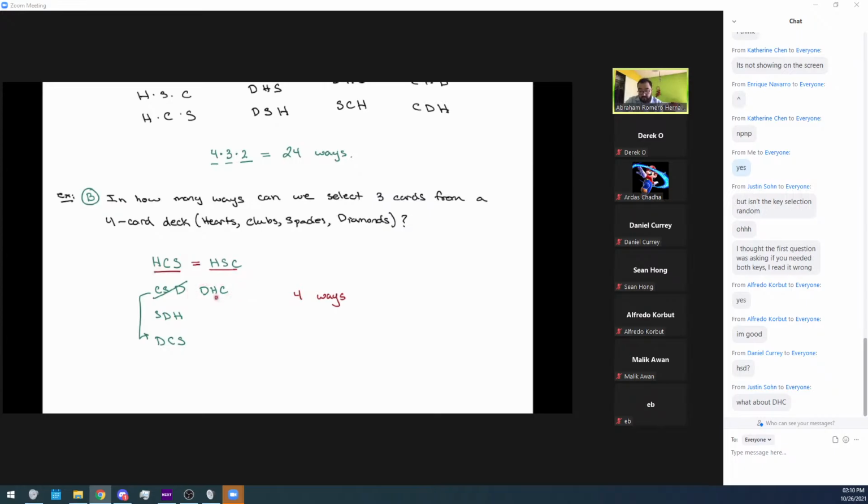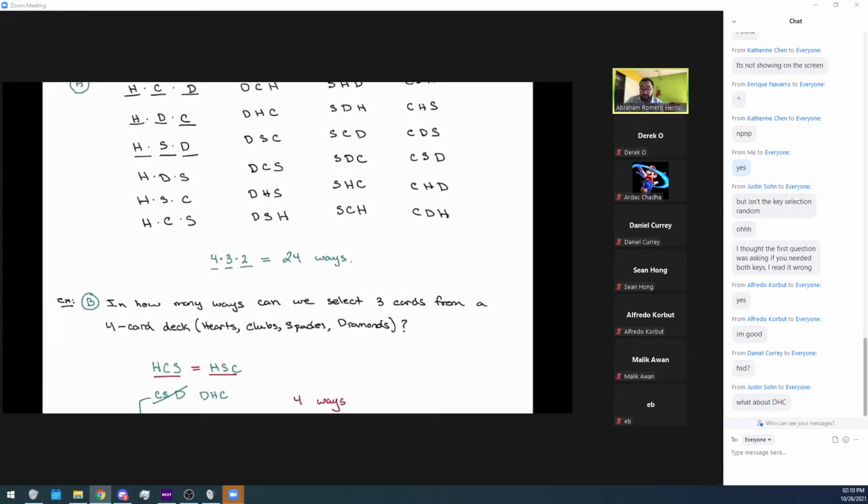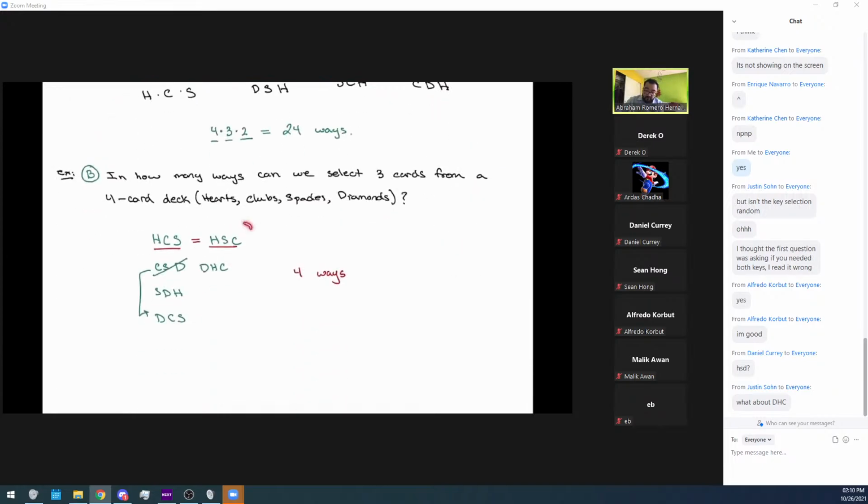I'm not going to write hearts, diamond, club because I'm selecting 3 of them, and it doesn't matter which one's picked first, second, or third. They're all the same. Or no, another way of looking at it is here, order matters, while here, order does not matter. Does that make sense?